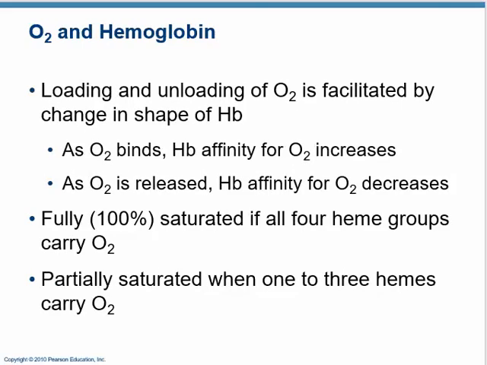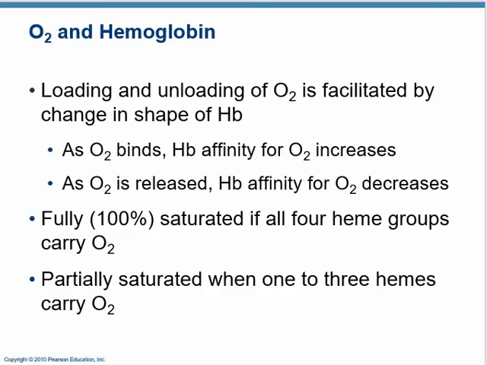Now, what's interesting is the affinity for oxygen in hemoglobin. So the loading and unloading of hemoglobin is facilitated by the hemoglobin itself. So as oxygen binds, the affinity for oxygen increases, and as oxygen is released, the affinity for oxygen decreases.